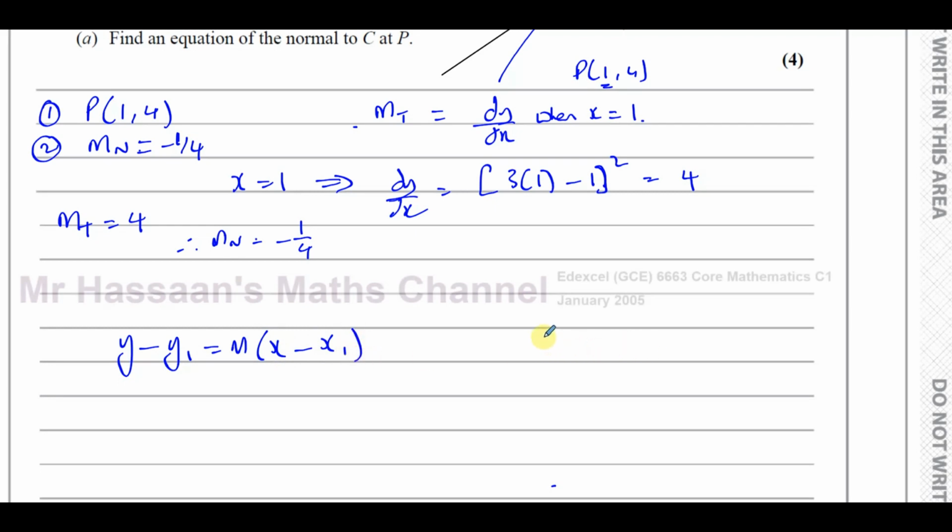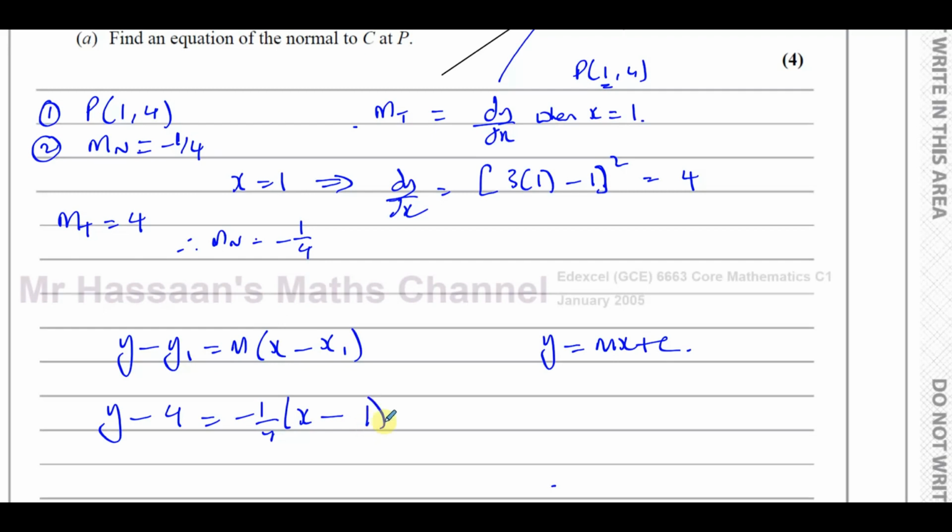Some people like to use y equals mx plus c. Both methods are perfectly fine. In both methods you need a point and the gradient of the line you're trying to find the equation of. So I'm going to show you the first method, where this is x1 and y1. So you have y minus y1, which is 4, equals m, the gradient, -1/4, times x minus the x coordinate, which is 1.